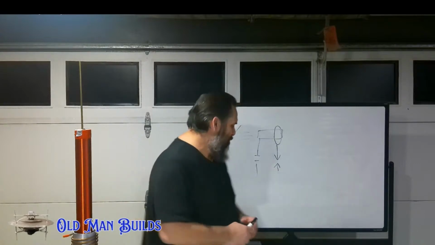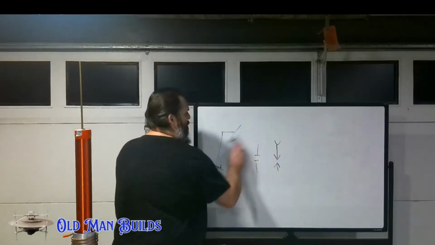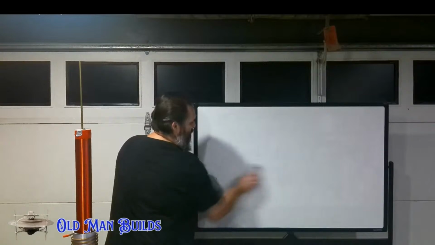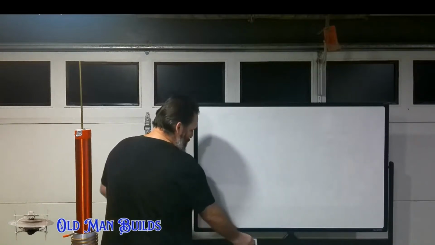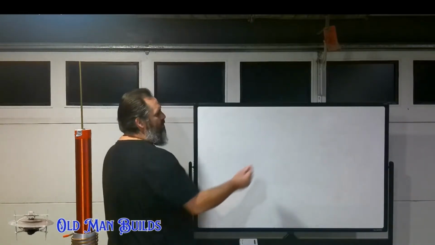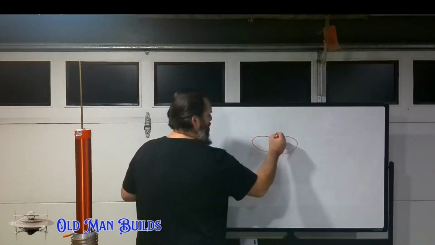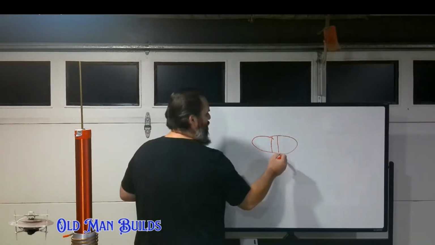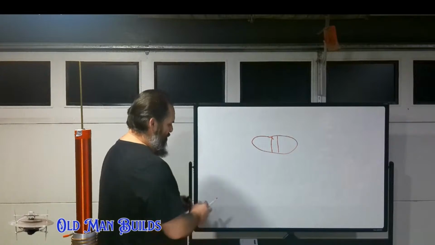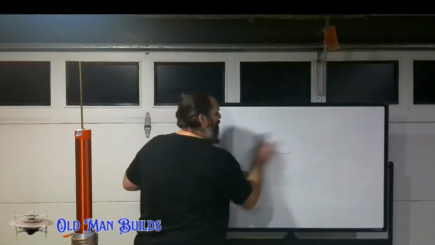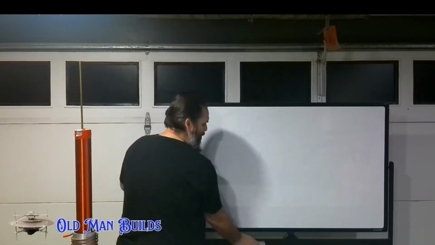You see, I'll show you this right here. When you create zero point in a coil, you have a hole right here in your coil, okay? Let me draw this a better way, because I don't think people really understand it.